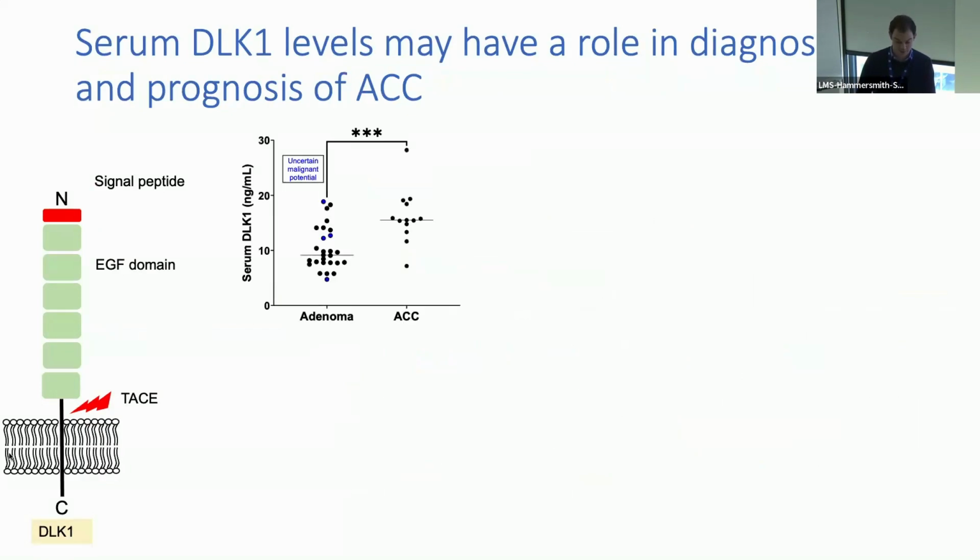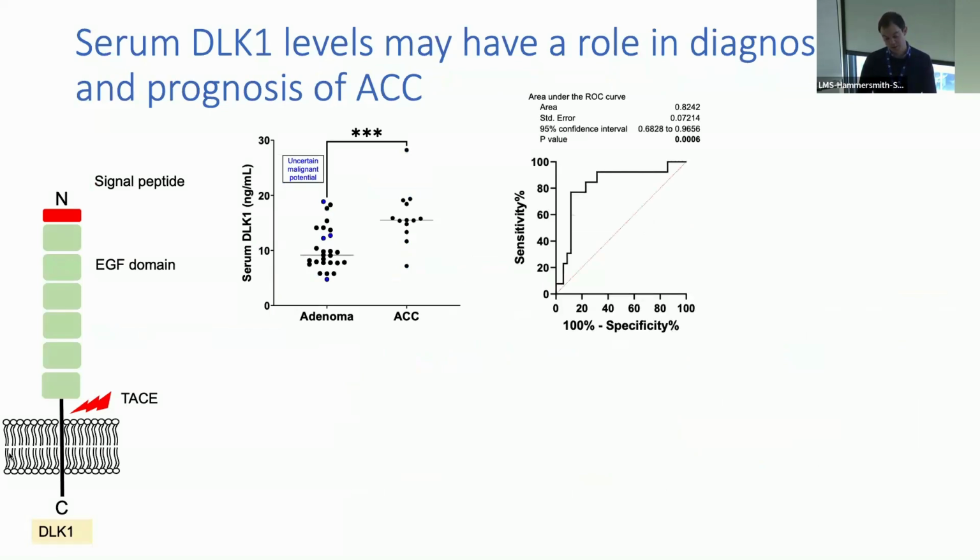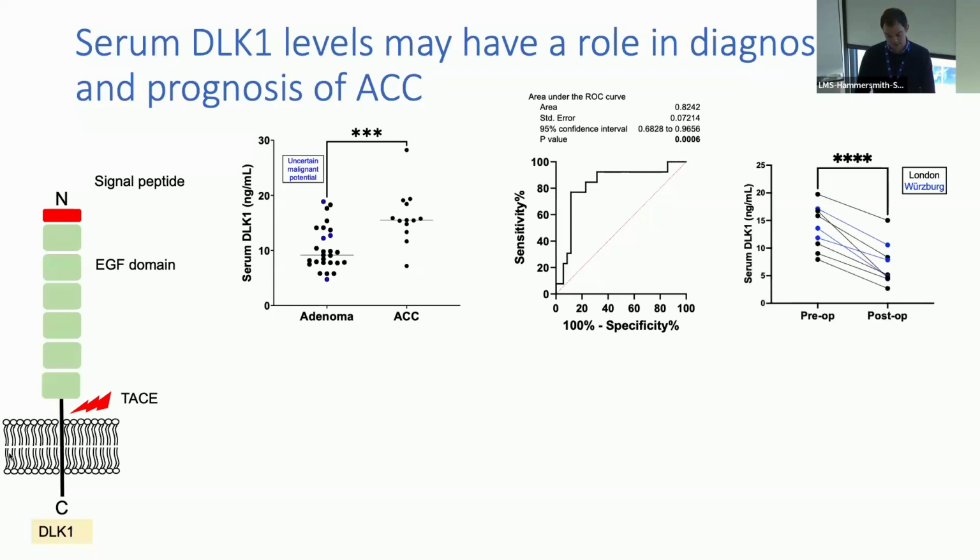And we found that in patients that ended up having a histological diagnosis of ACC, there were significantly higher levels of DLK1 in the serum, which, in an admittedly small cohort to begin with, had quite a good specificity and sensitivity at predicting malignancy within this context. And in the patients where we were able to get some postoperative serum as well, the levels dropped, suggesting it was shed from the tumor.